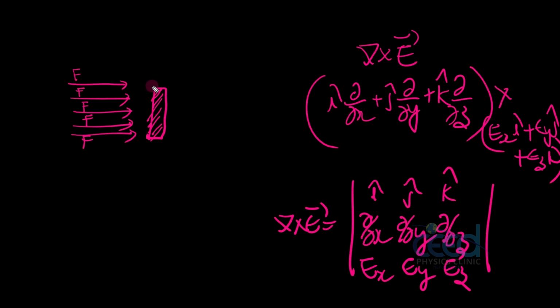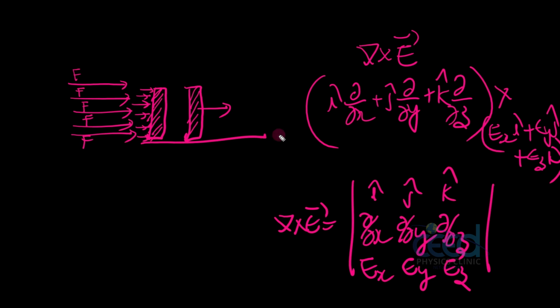Whatever force is acting here also acts here, so this stick will have a tendency to move linearly. That means the curl is 0.